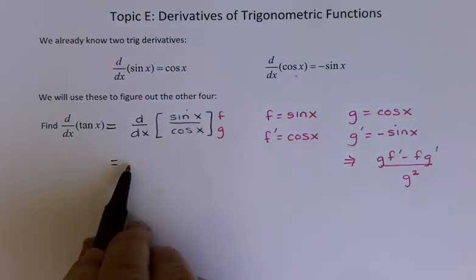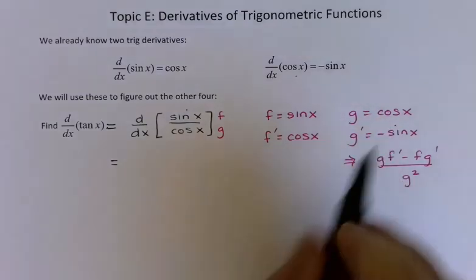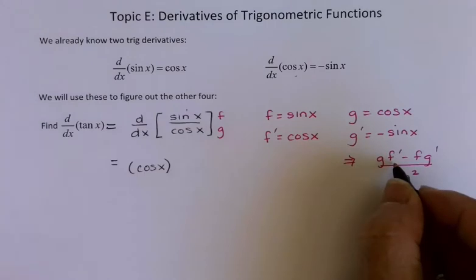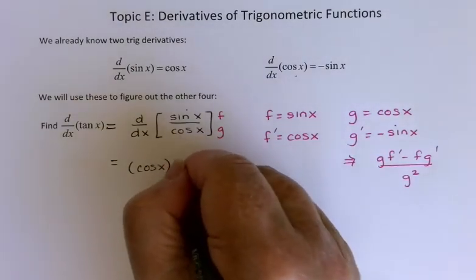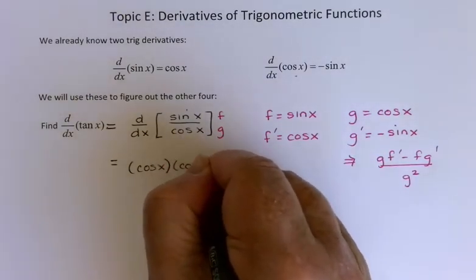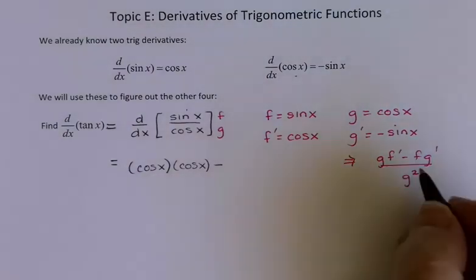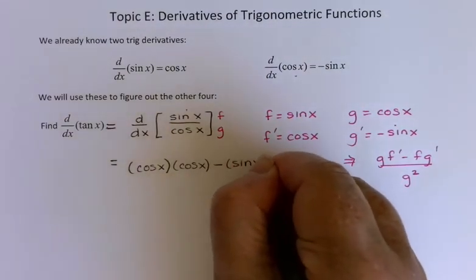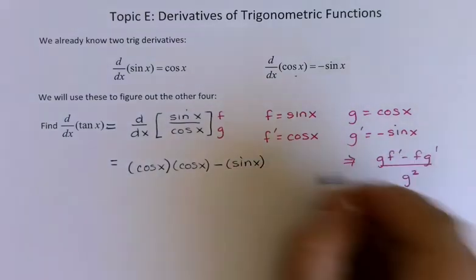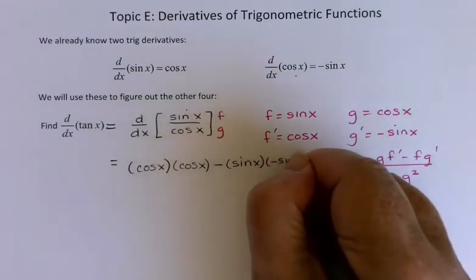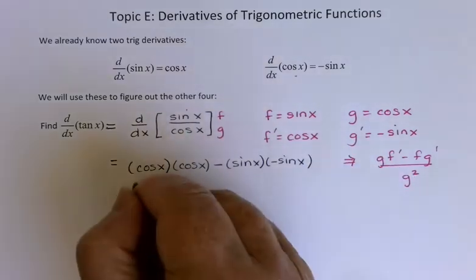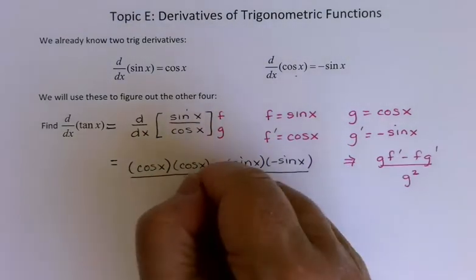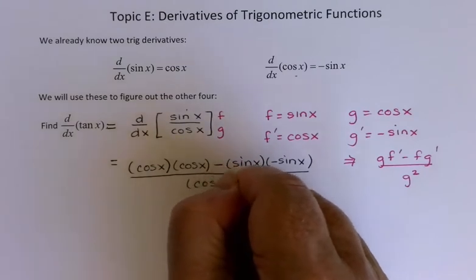So the derivative becomes g, cosine x, times f prime, which is also cosine x, subtract f, sine x, times g prime, which is the opposite of sine x, over g squared, cosine x squared.